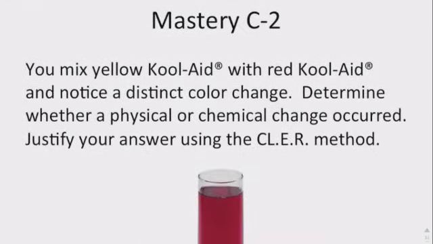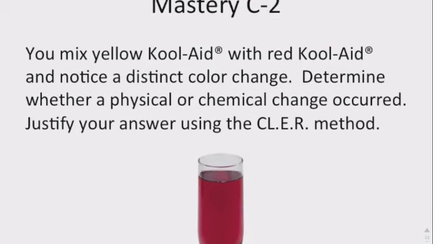And then our last example. It says that you mix yellow Kool-Aid with red Kool-Aid and notice a distinct color change. Determine whether a physical or chemical change occurred and justify your answer using that clear method: conclusion, evidence, reasoning. So when we're looking at this, we would say that this is not evidence for a chemical change.